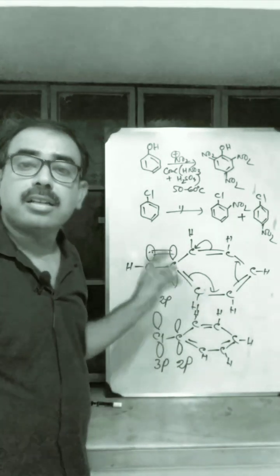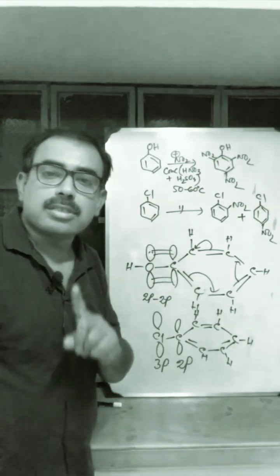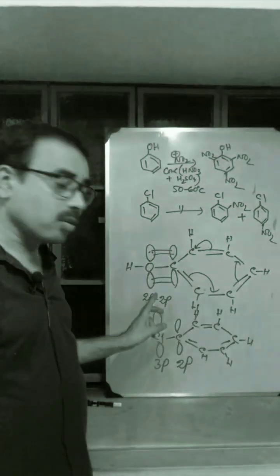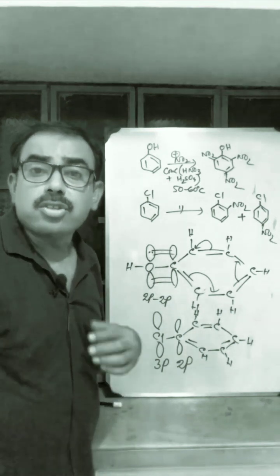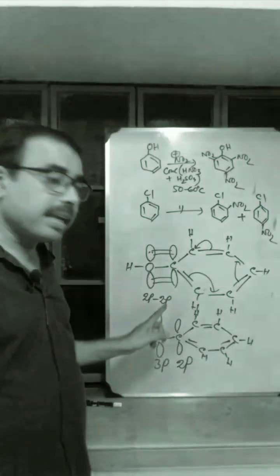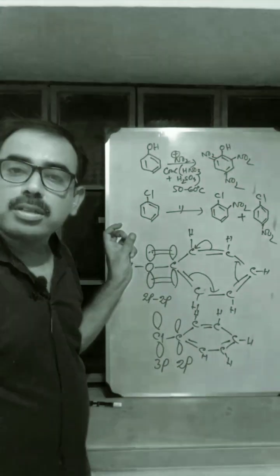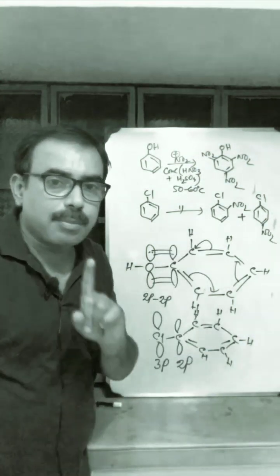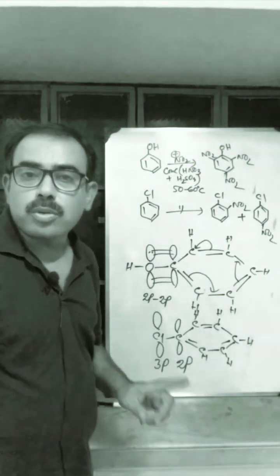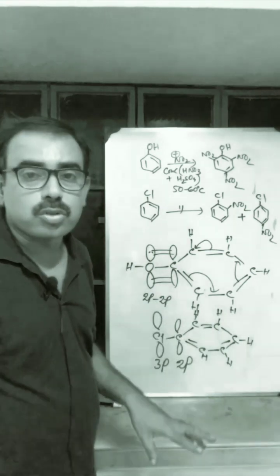In case of aniline and phenol, delocalization is very effective, but chlorine, though it still has a lone pair, has that lone pair in a 3p orbital. So there is an energy gap between the 3p orbital of chlorine and the 2p orbital of carbon, so lateral overlapping is not so effective, and delocalization is also not so effective.